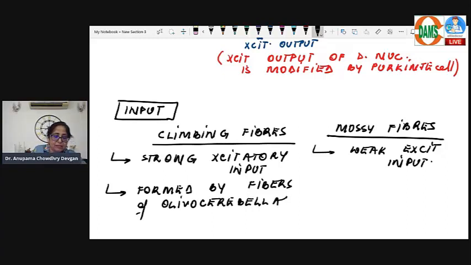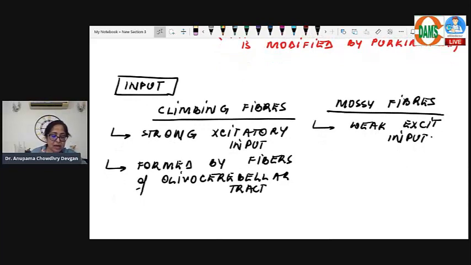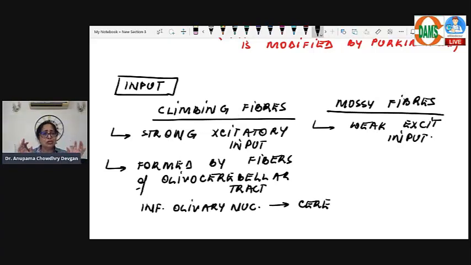What is the olivocerebellar tract? It is from the inferior olivary nucleus to the cerebellum. See, the names are so distinctive. Olivocerebellar: from olivary nucleus to the cerebellum.